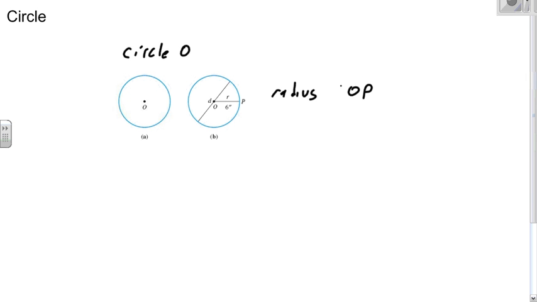Line segment OP is the radius. And if you go the full width across the circle, it has to go through the center, then that is the diameter. And those are the only parts of a circle. We have the center, the radius, and the diameter.